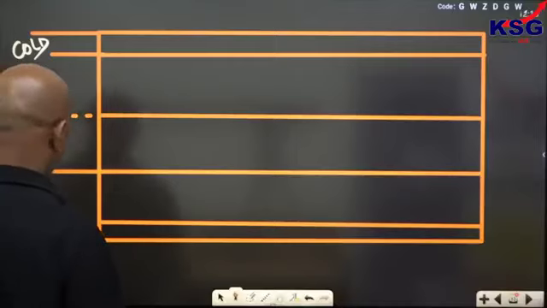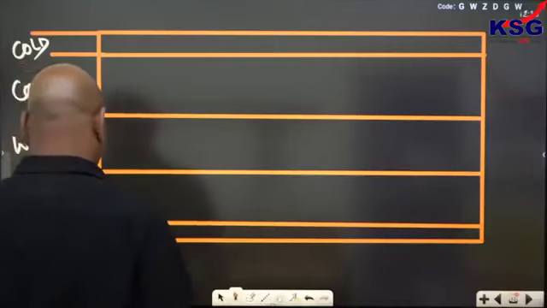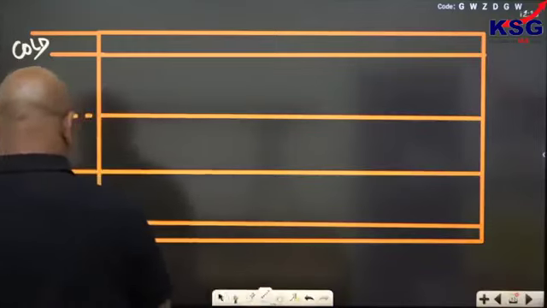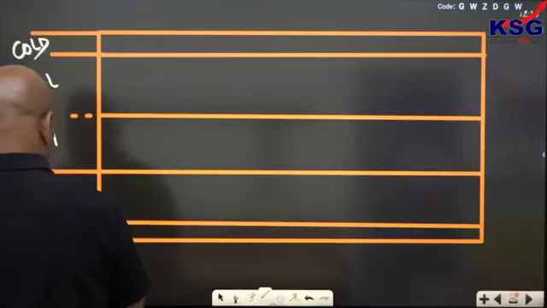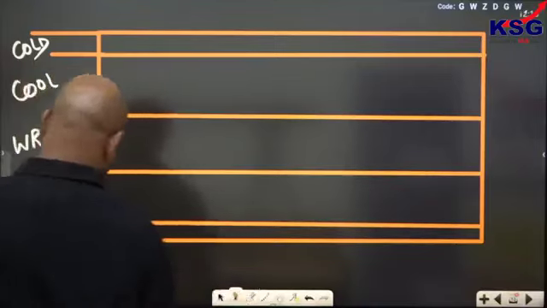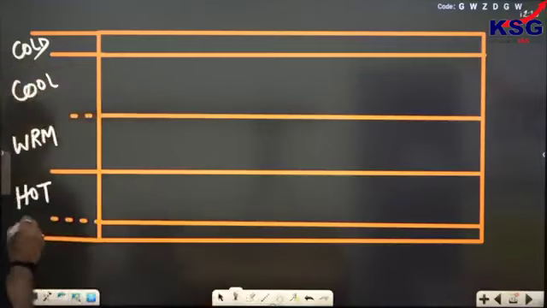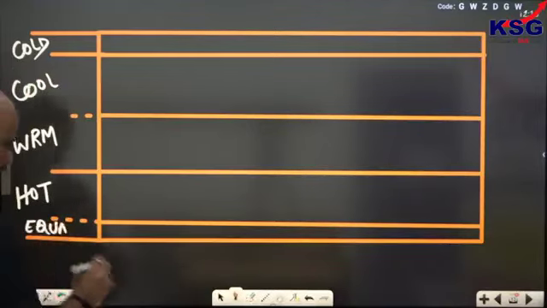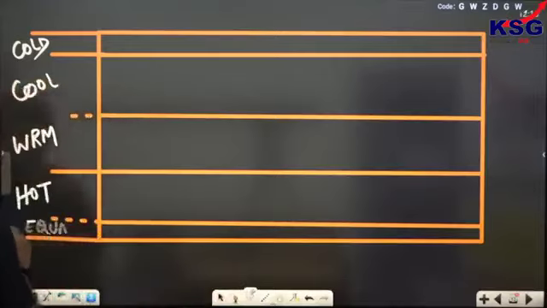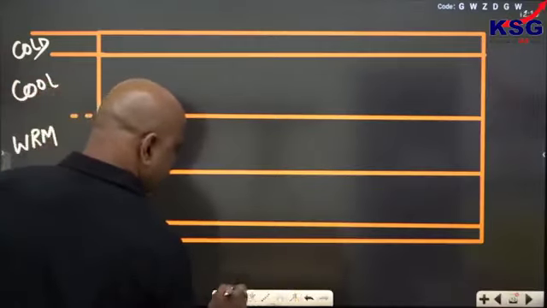In the hot, warm and cool, cold, you see this region, it is here is the equatorial, hot equatorial region.